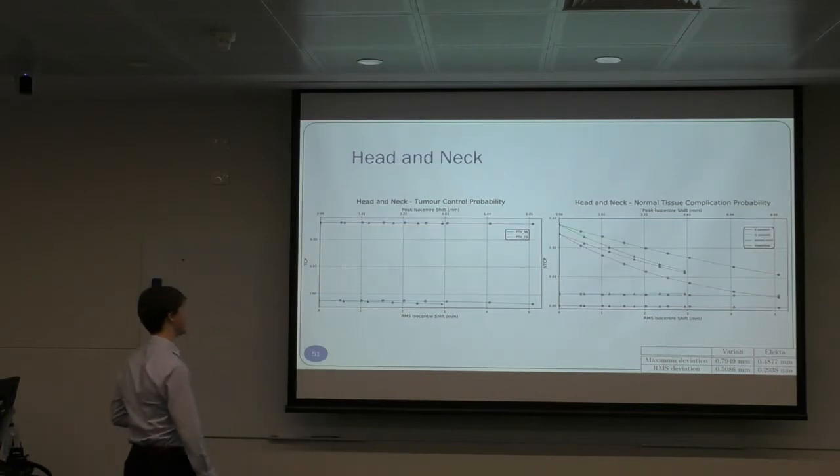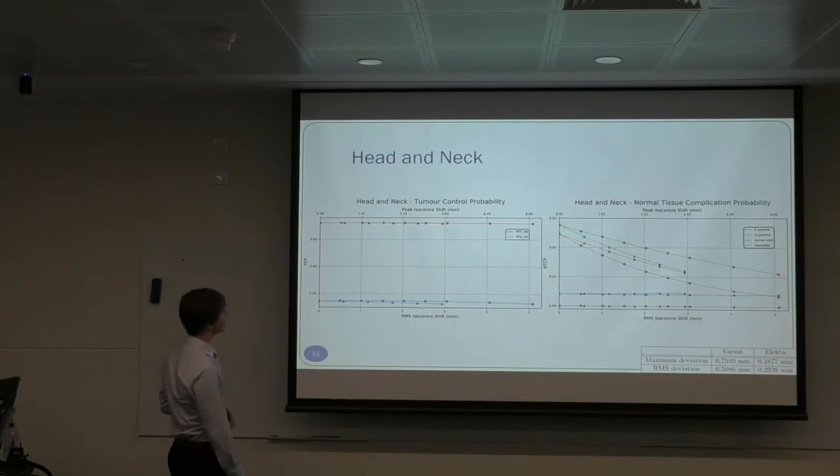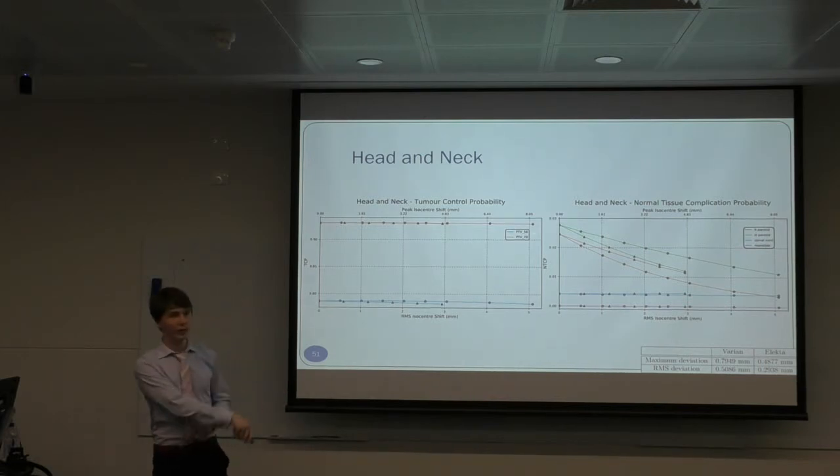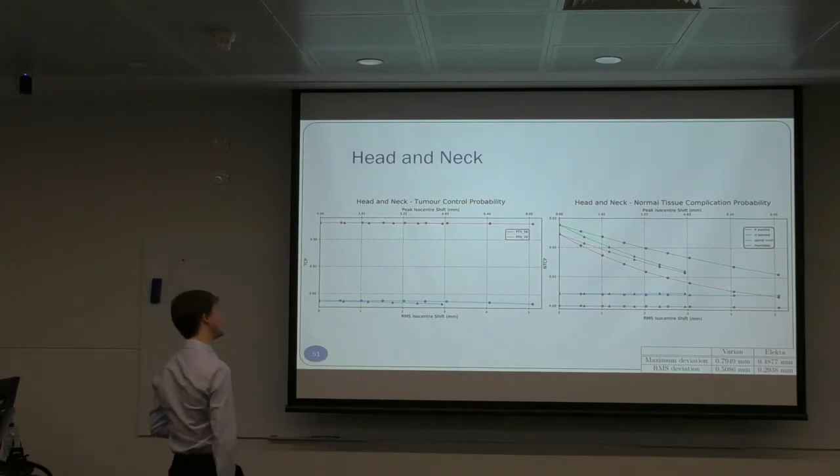The head and neck was unexpected because although the TCP is remaining constant, we're actually doing better in this department, getting lower normal tissue complication probability. There's a few ways that we can make sense of this.